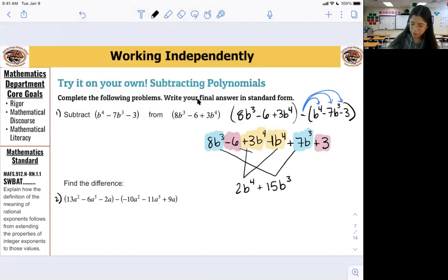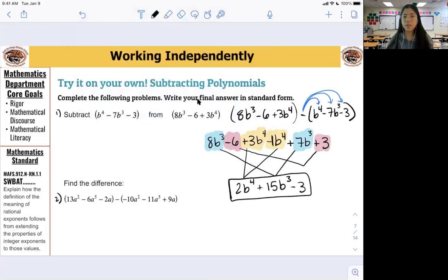And then finally, negative 6 plus 3, what does that give me? Negative 3. There you go. 2b to the power of 4, 15b to the power of 3, and the constant is negative 3.